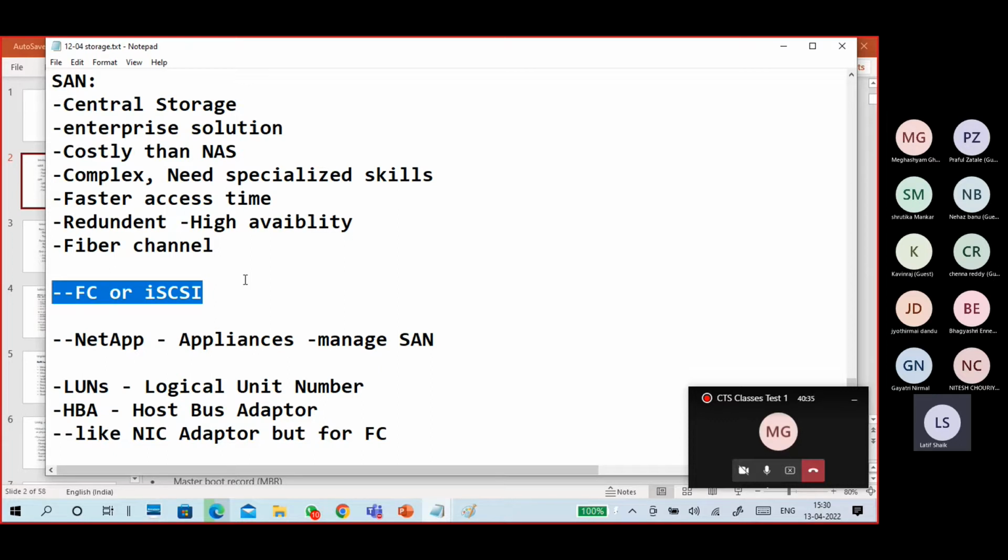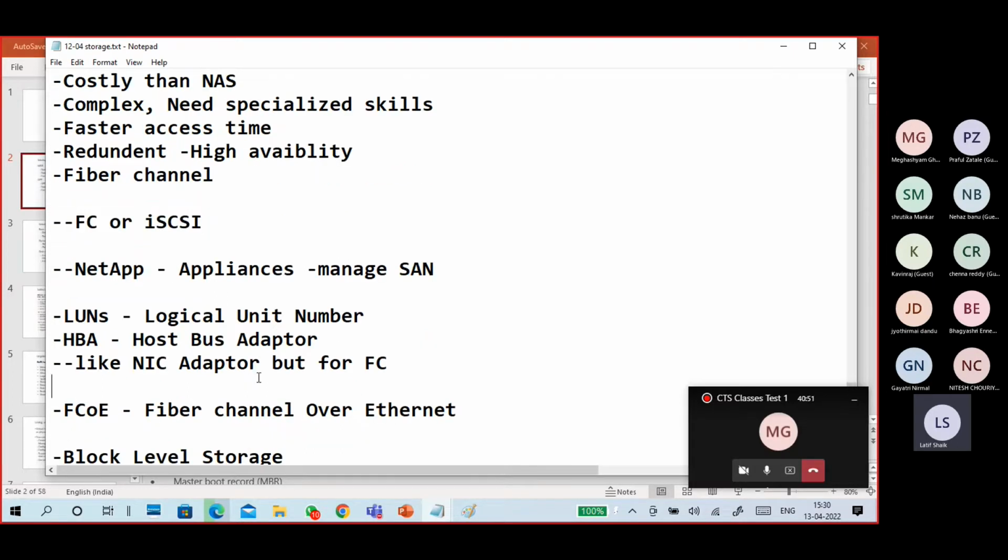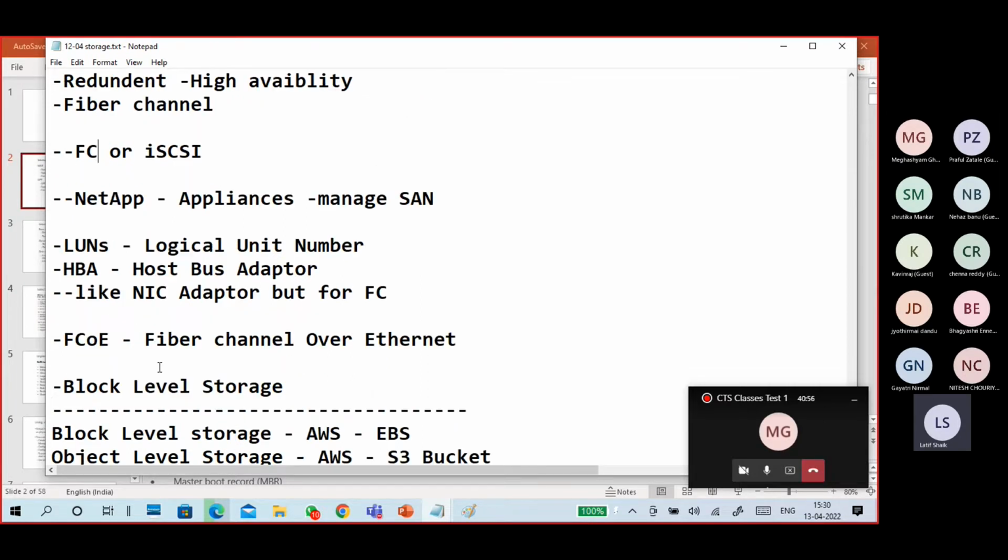So if any device fails, like a file server, a switch, or a storage bay, the client can still access the data. There are a few more terms. FC is Fibre Channel. FCoE is Fibre Channel over Ethernet.